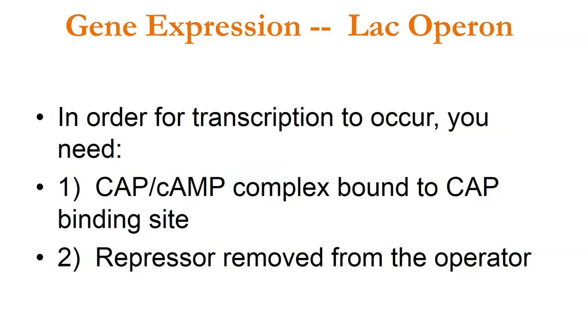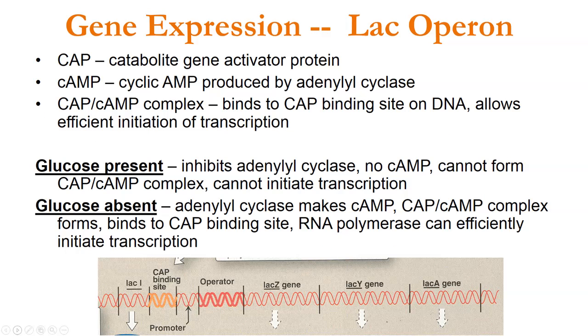In order for it to be turned on, we have to satisfy both those conditions: glucose not there, lactose there. When glucose is absent, you have this CAP-cAMP complex bound to the CAP binding site. I'm going to get into the details of that in a second. And if lactose is around, the repressor will be removed from the operator. You satisfy these two conditions, you get transcription of that polycistronic mRNA, and then ultimately expression of those genes.